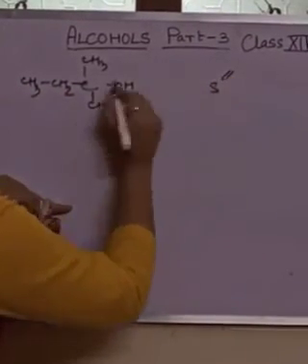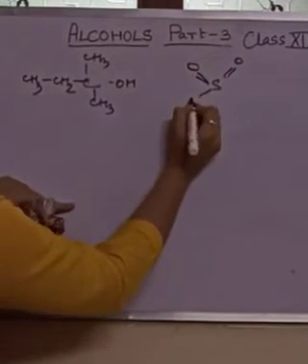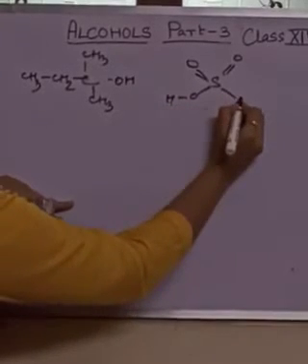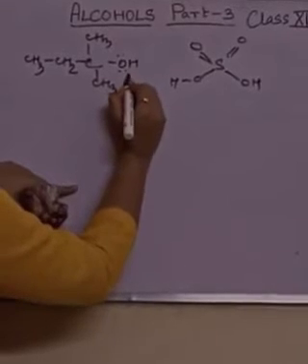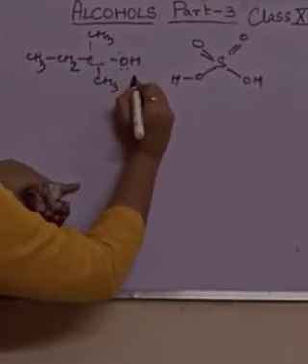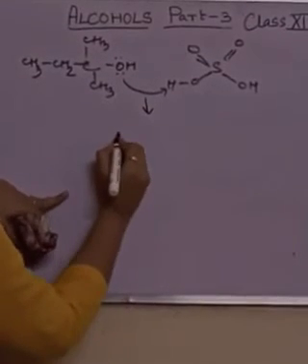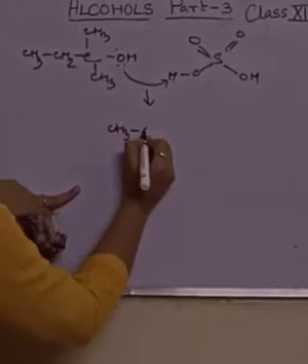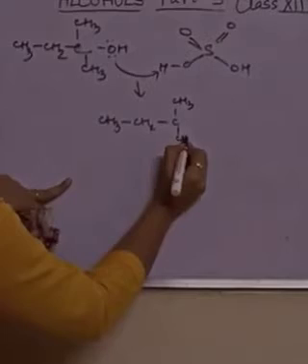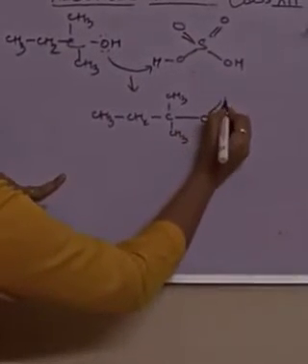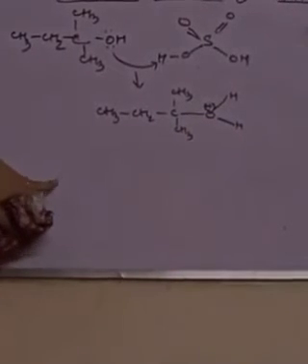This is the alcohol, and this is the structure of sulfuric acid. The lone pair of the oxygen atom of alcohol will abstract a proton, resulting in the formation of this.